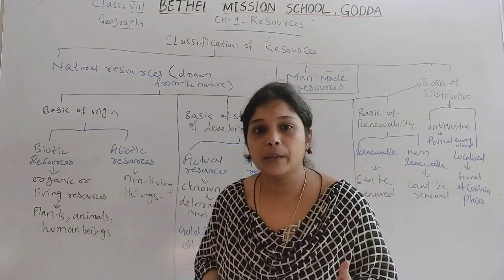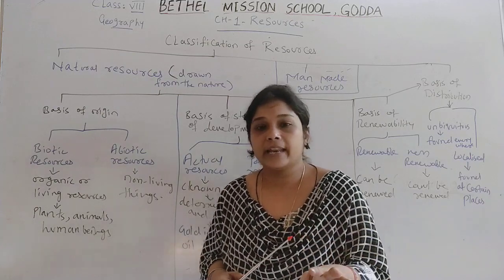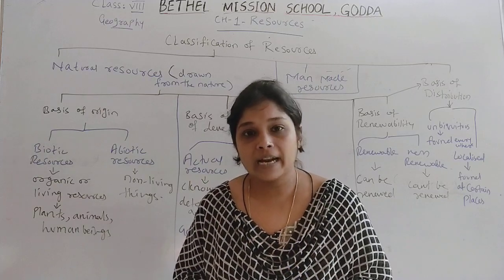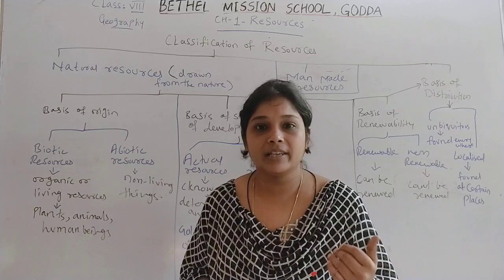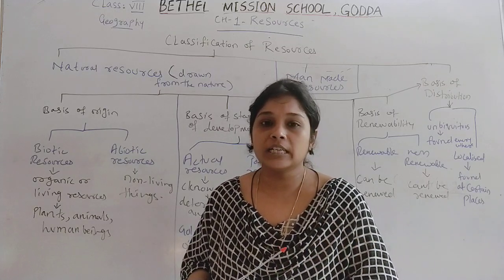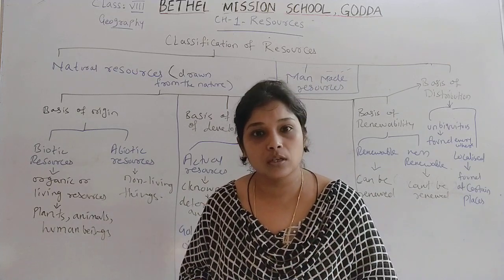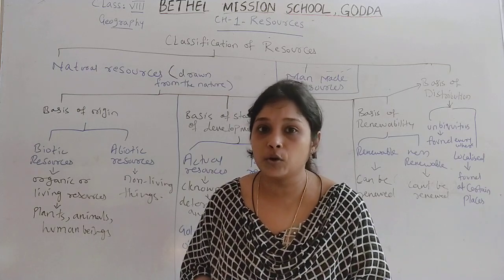Let's take an example, plants. Plants are organic in nature. Plants are organic resources. Through plants we get our food, through plants we get vegetables, through plants we also get wood which we use for making furniture and houses. So we can say that plants are organic resources or biotic resources.